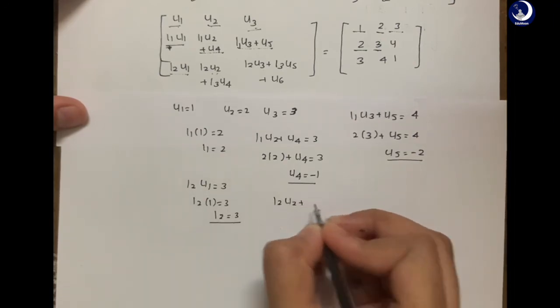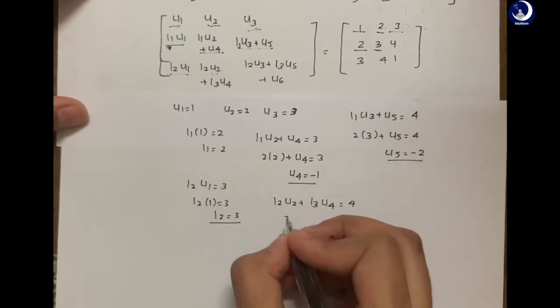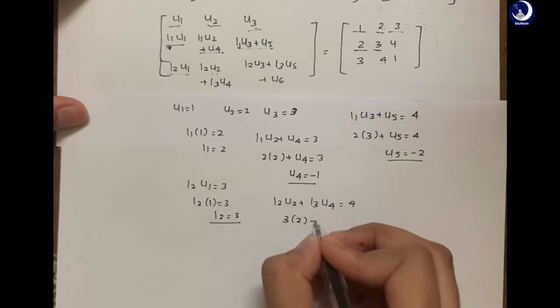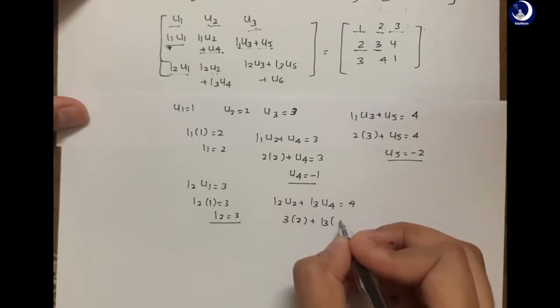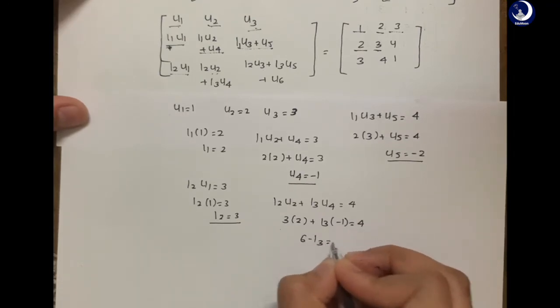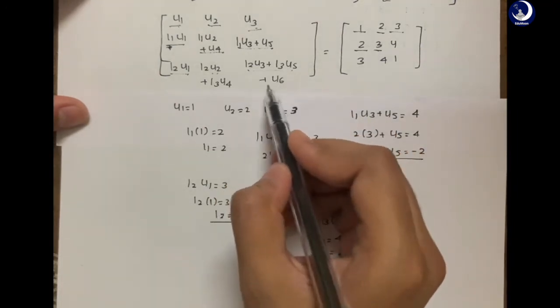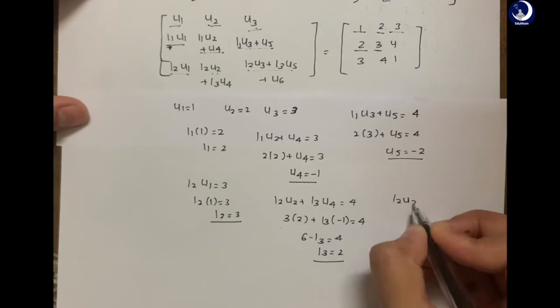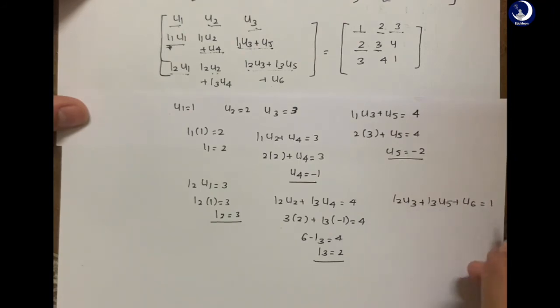L2 u2 plus L3 u4 equal to 4. L3 equal to 2. Now last L2 u3 plus L3 u5 plus u6 equal to 1.